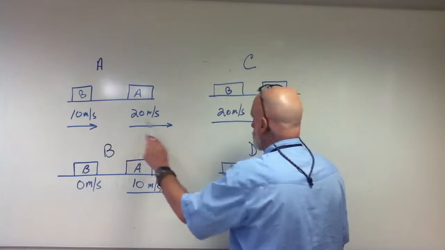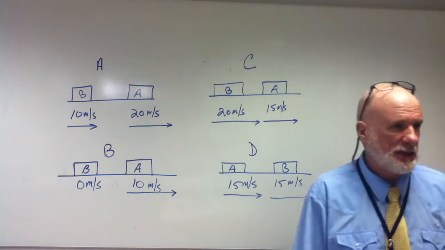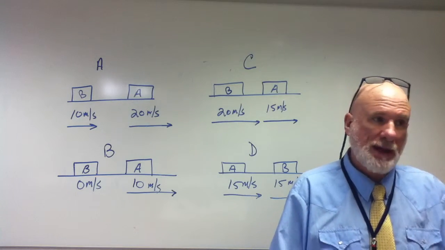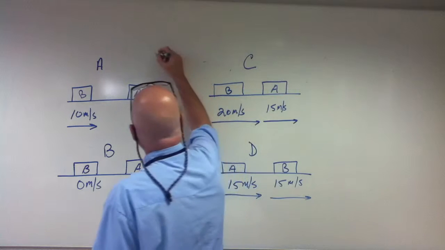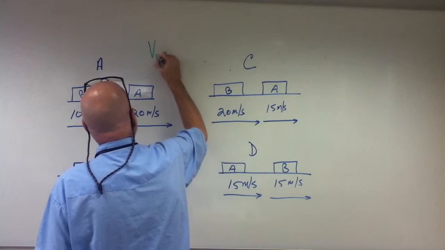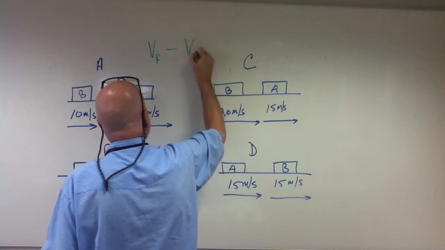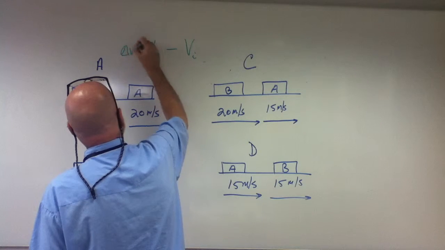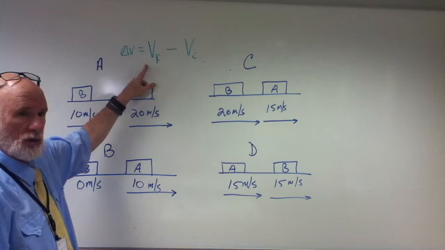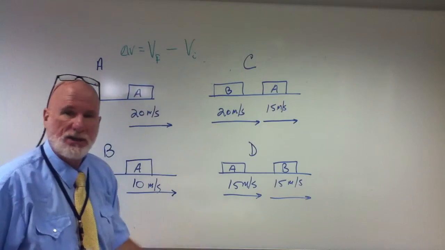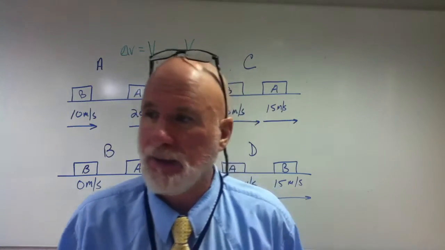This goes from 10 to 20, so that's a positive. Remember, it's always final minus initial. And that's going to be change in velocity. It's always final minus initial. It's not initial minus final.